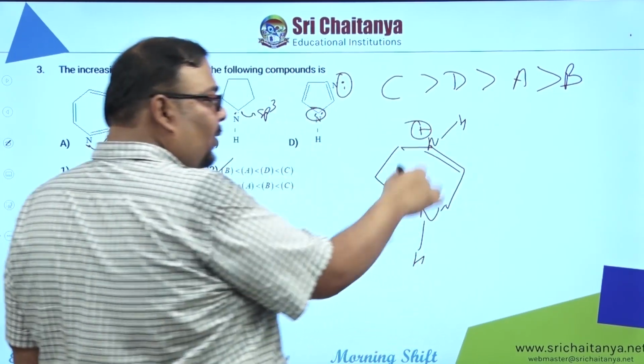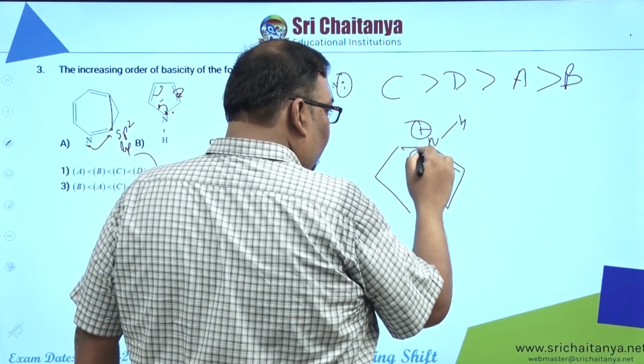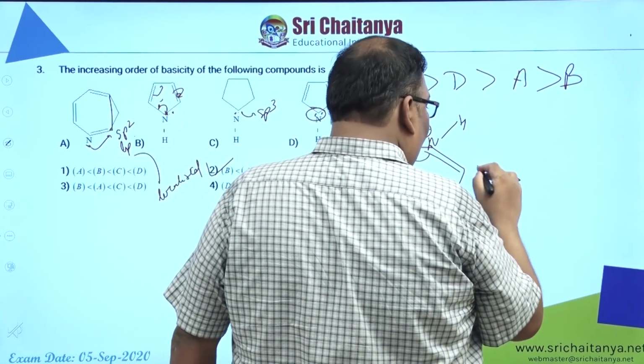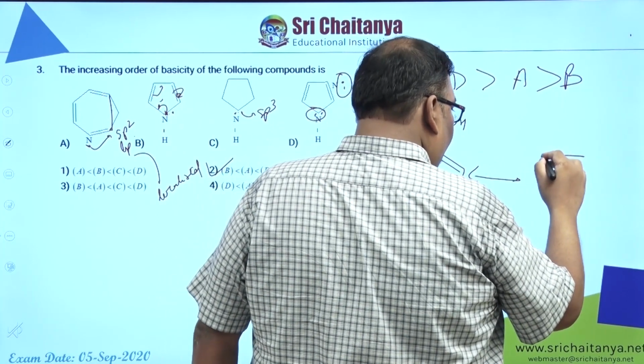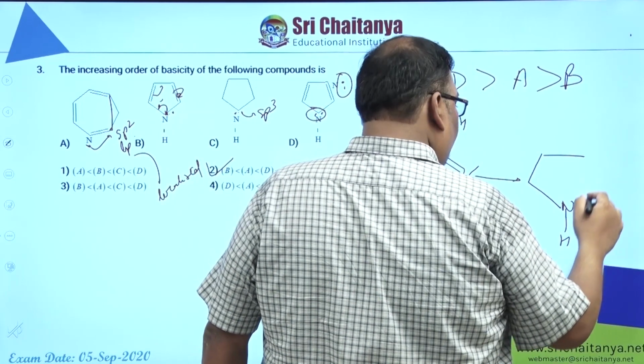You see, this positive charge can be delocalized to this nitrogen by this arrangement. So I can draw a resonating structure something like this.